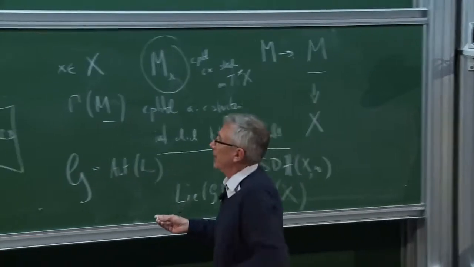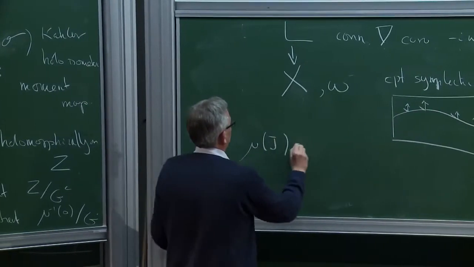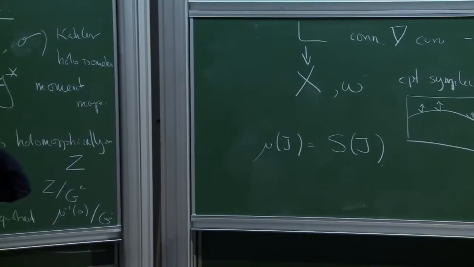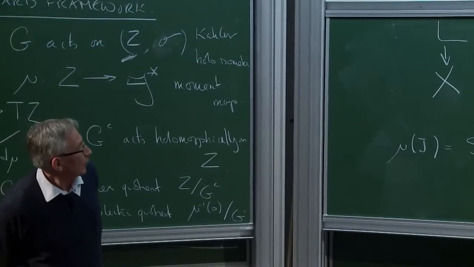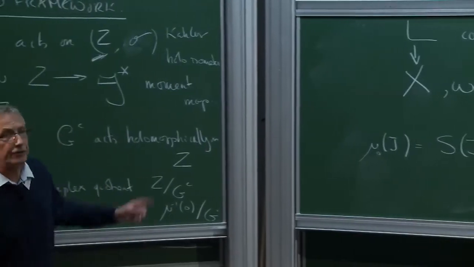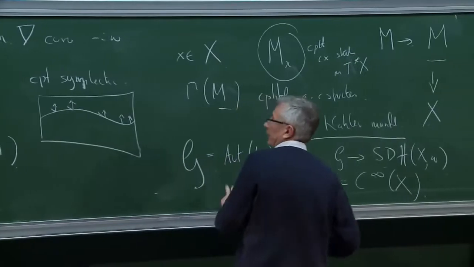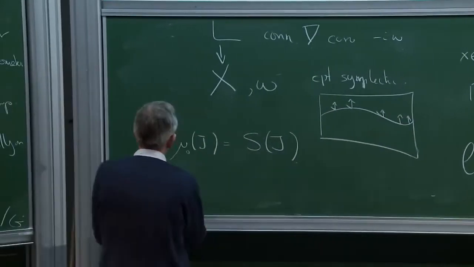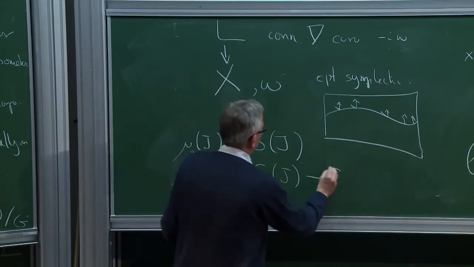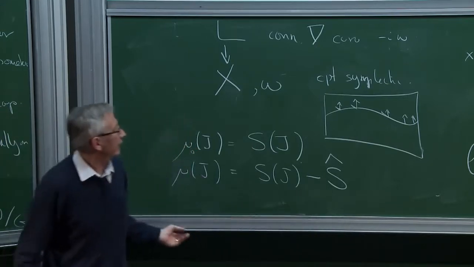Then the moment map mu is given by mu of J equal to the scalar curvature of J. But we can always change the moment map by adding an element of the center of our group. So we take the normalized moment map, where mu of J is the scalar curvature of J minus the average value of the scalar curvature, which is just a topological invariant.